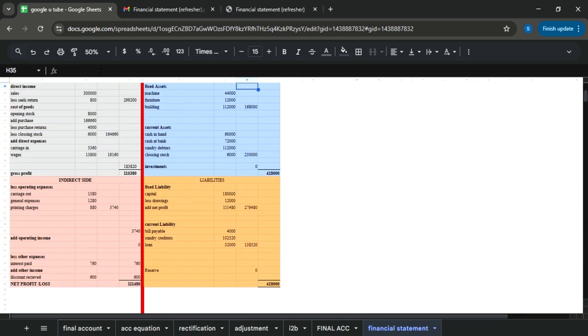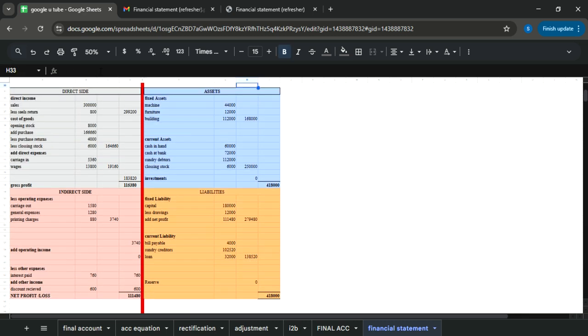This was your whole question. 1, 2, 3, 4 parts. Upper part was to calculate your gross profit, lower part was to calculate your net profit, and here asset side and liability side. Your asset should be equal to 418,000 should be equal to your total of liability side, which is 418,000. It is automatically been equalized.